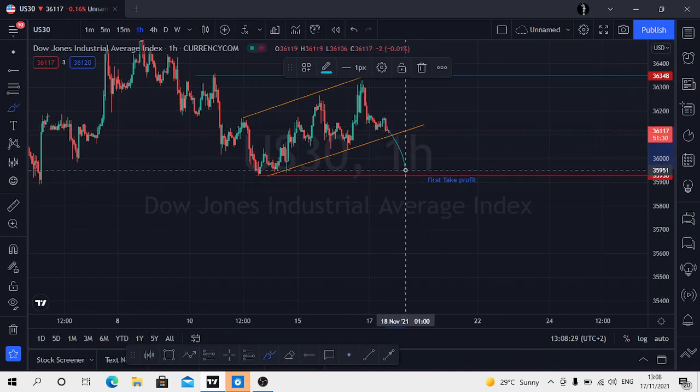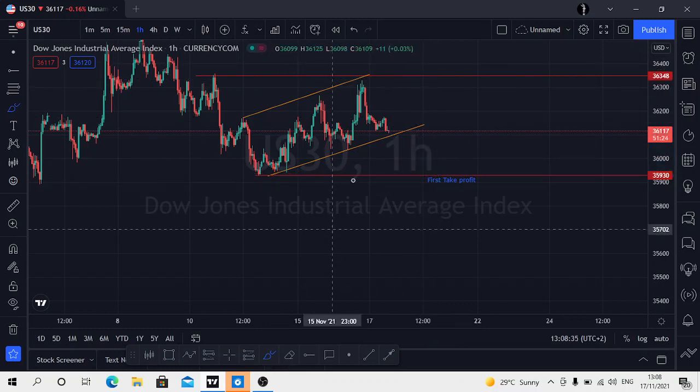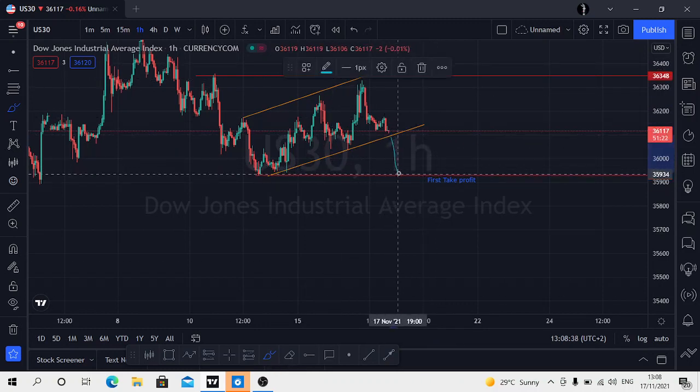So price is going to come here at this level, and then it's going to play around like this, creating our famous falling wedge.